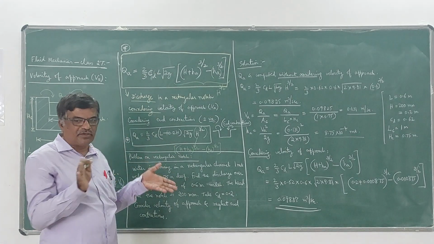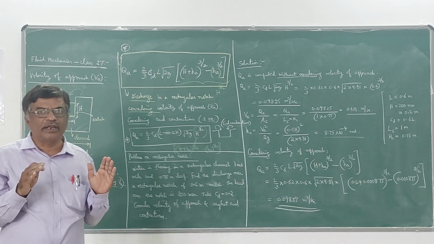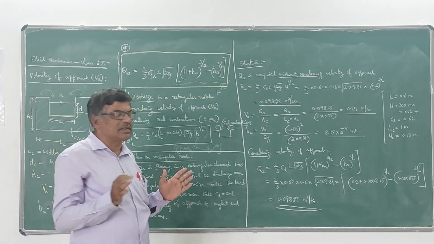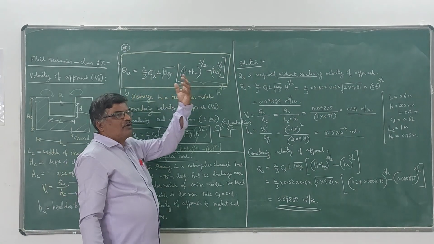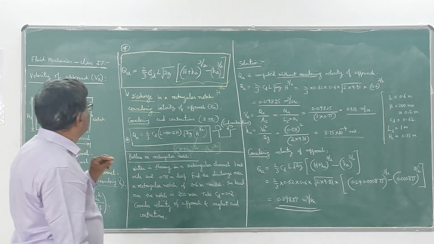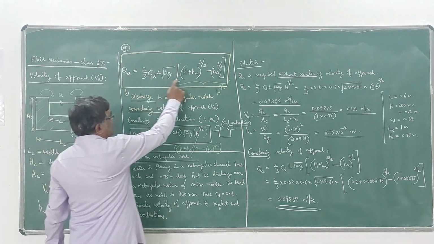Now there are different cases here. In the first case, without considering the velocity of approach and without considering the end contractions, the equation is 2 by 3 CD L root 2G H to the power of 3 by 2. Next, by considering only velocity of approach without considering end contraction, this is the equation.